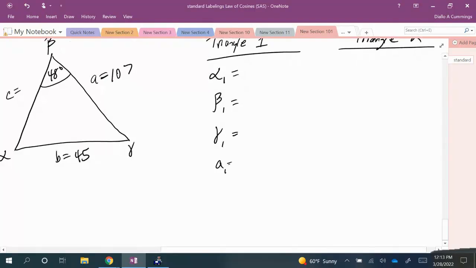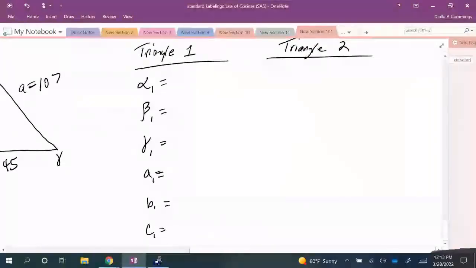And I also have side length A sub 1, B sub 1, and C sub 1. For triangle 2, we're going to have alpha sub 2, and the subscripts just represent the triangles. Beta sub 2, gamma sub 2, and then we have A2, B2, and C2.